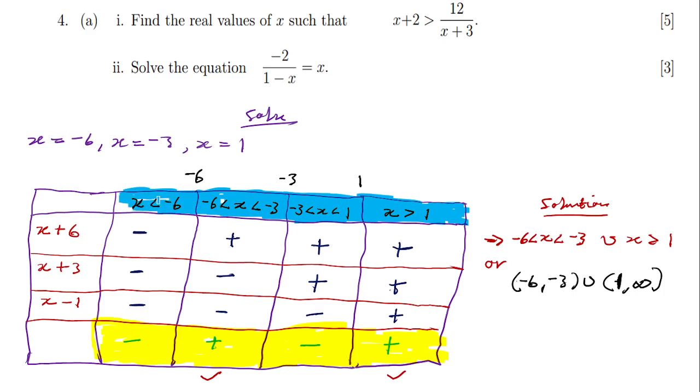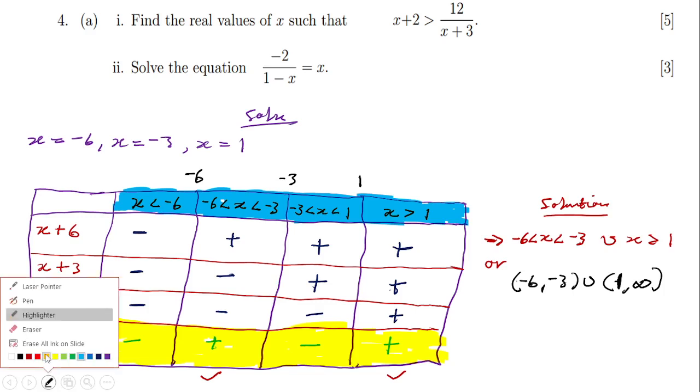Unless there is something with a positive or negative, but even then you can change it when you reach that point. I think we'll do a question of that kind later on.